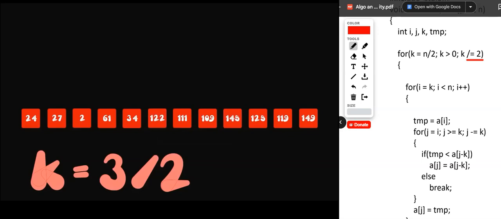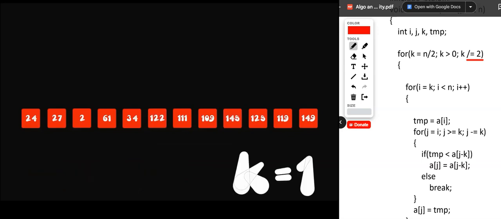Now we have to stop and the loop of k stopped right now. Why? Because in that particular step no swapping takes place, and that's why we again divide k, the existing value 3, by 2, and the process continues again.